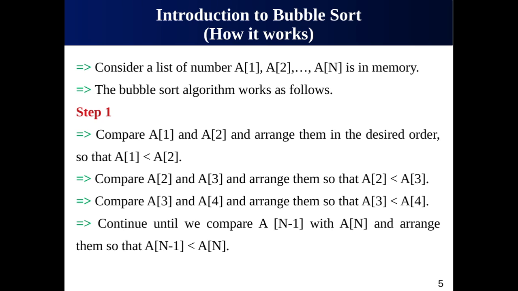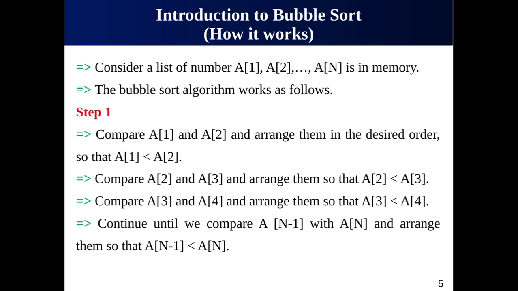However, if a3 is greater than a4, then you have to swap them with one another. And then we continue until we compare the final two elements of the list. So the final two elements are, the second last element at the a n minus 1 location, and the last element referred to by an.